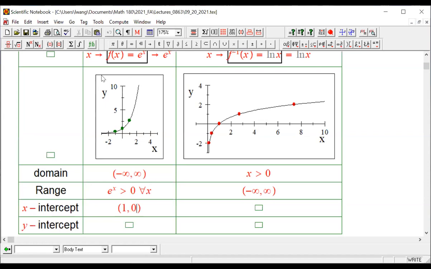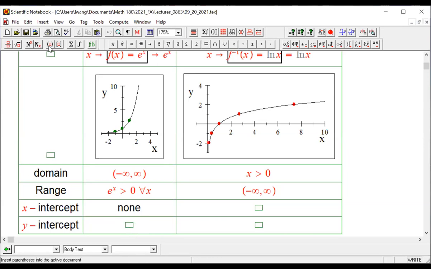Okay, does everybody agree with it? Choice A, choice B. What is the x-intercept for e to the power x, guys? Thank you for your contribution. That's right, it's none. You see the curve never touches the x-axis. Where do you get the x-intercept? None. Okay, self-correction is always the best.